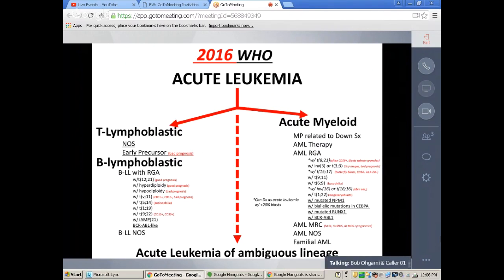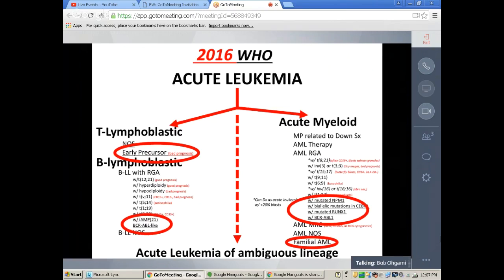Here you can see that there are many more categories. New things like early precursor T-cell lymphoblastic leukemias, iAMP21, and BCR-ABL-like B lymphoblastic leukemias. In acute myeloid leukemia, certain mutations have more relevance and allow us to call something an AML with recurrent genetic abnormalities, or RGA, abbreviated here.